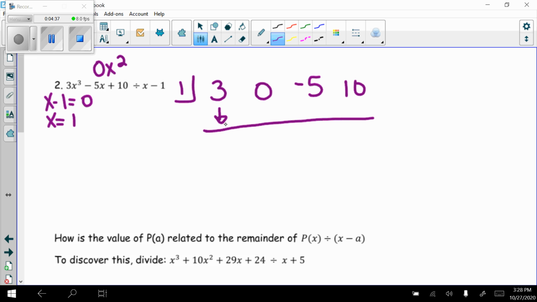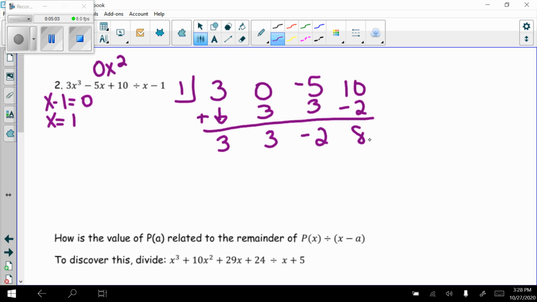My very first number always comes straight down, so 3. Multiply below the line with the box. 3 times 1 is 3. We always add these. 0 plus 3 is 3. Multiply. 3 times 1 is 3. Add negative 5 plus 3, negative 2. Multiply negative 2 times 1, negative 2. And add 10 plus negative 2 is 8.